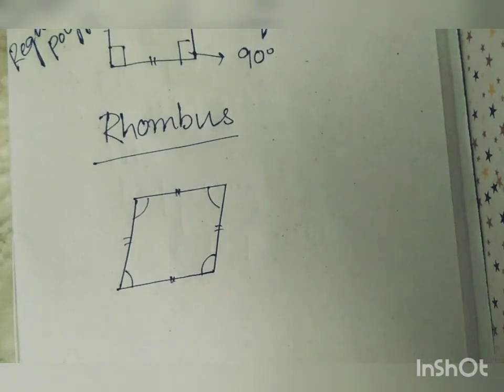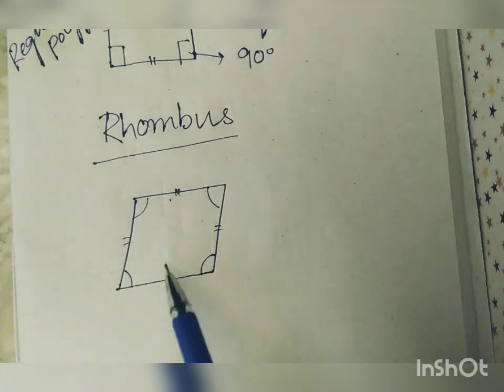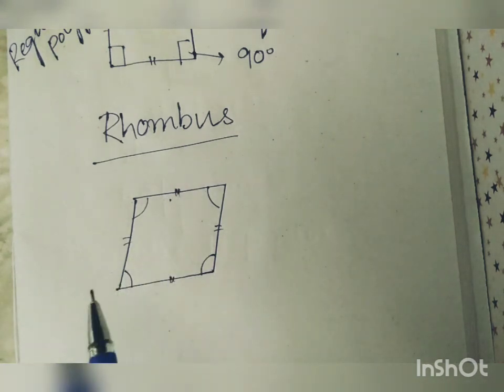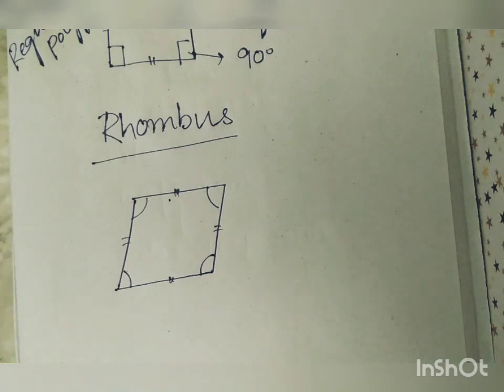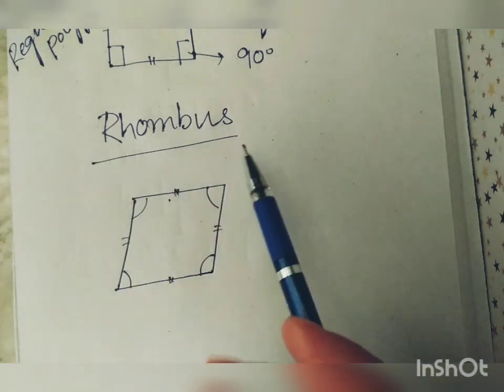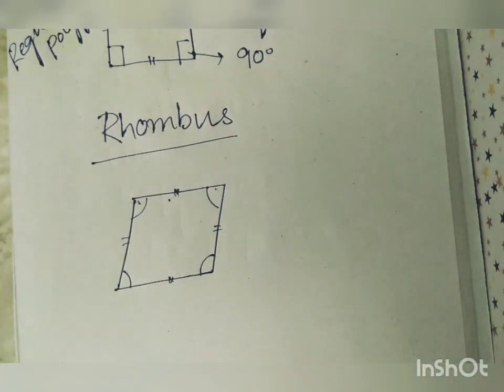In a rhombus, we can say its pairs of opposite sides are parallel to each other and all the sides are equal in length, but all the angles are not equal. But just like a square, all the sides are of equal length, and all the opposite sides are parallel to each other just like a rectangle and square.